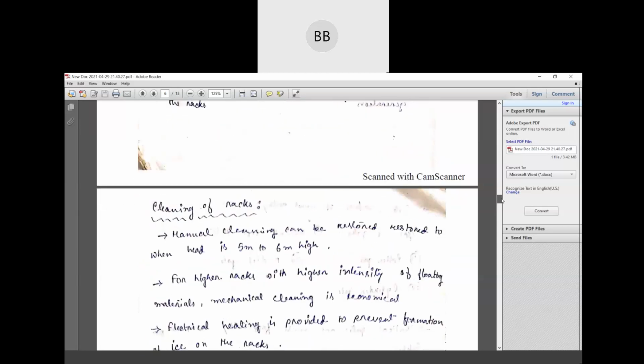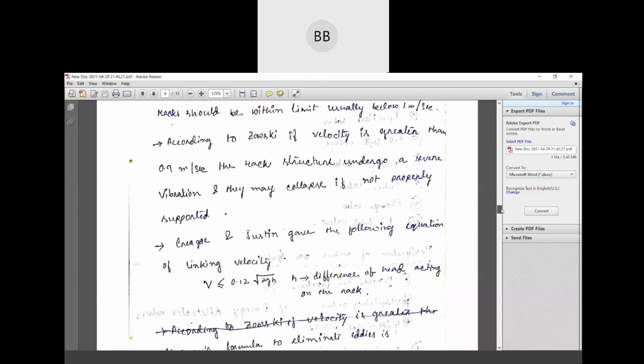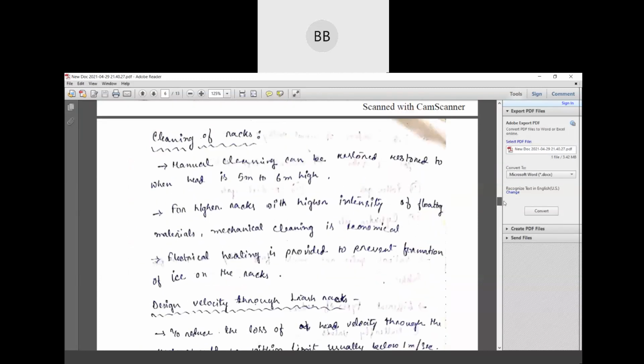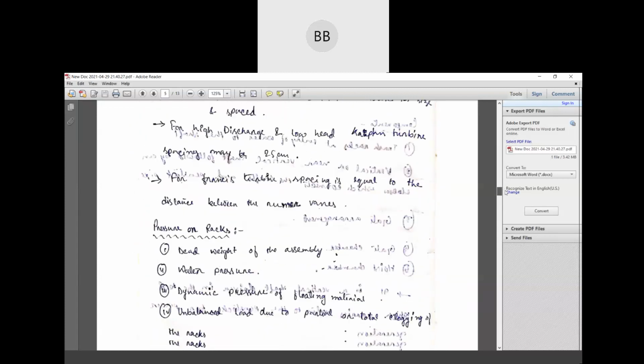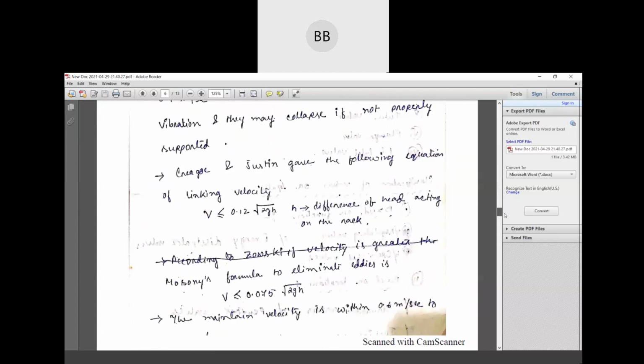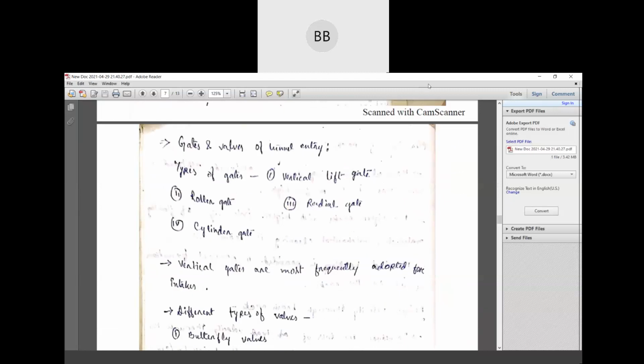Then I think we have velocity, cleaning of racks, and design velocity. So this part I'll give you as notes. You just read it once, and if you have any doubts, then we can discuss later on. So you write the next topic, gates and valves.